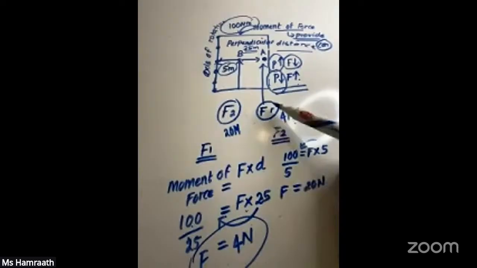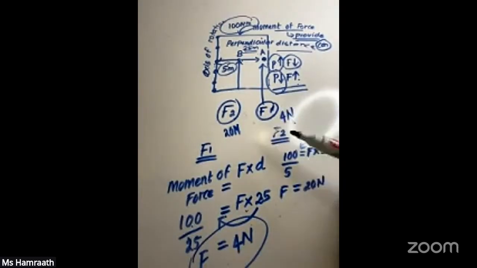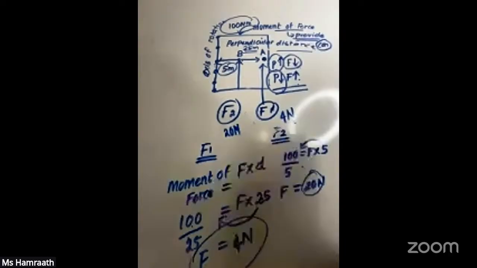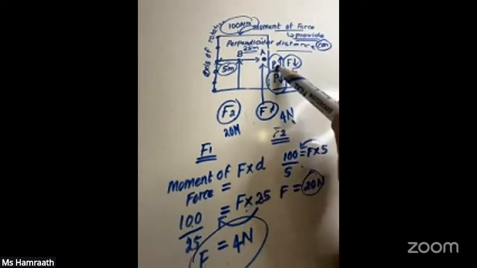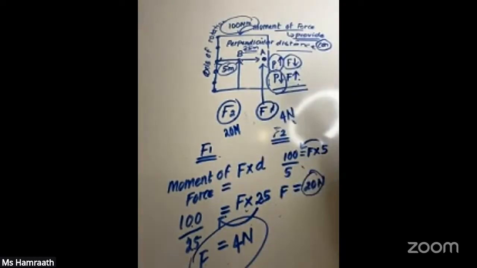The force you are applying at F1 is 4 Newton. You did the same thing on the other side and found that the value of force B is 20 Newton. So what did you understand simply? What I showed you in the equation, I proved with the calculation. Clear? Understood? Got the idea?